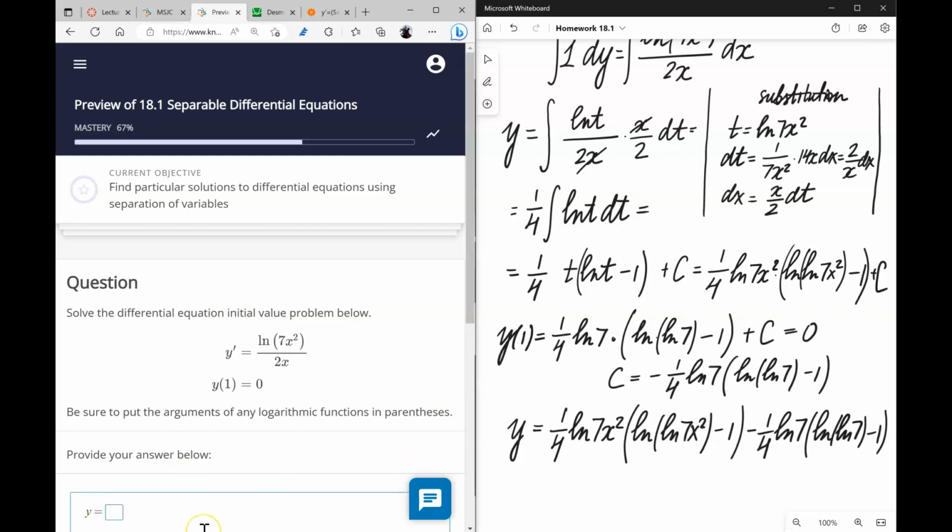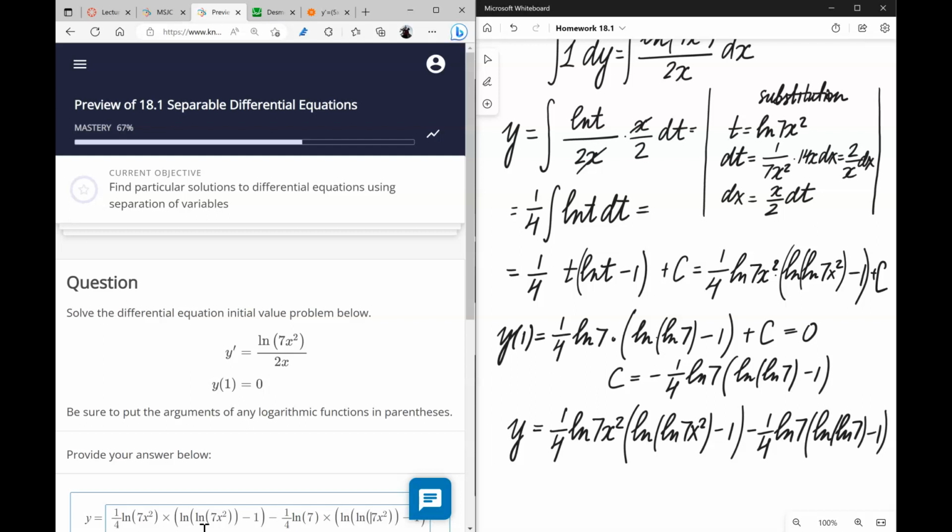Let's see. We have 1/4 ln of 7x squared times ln of 7x squared minus 1. And now it's the same exact thing, but instead of x squared, it's just 1.